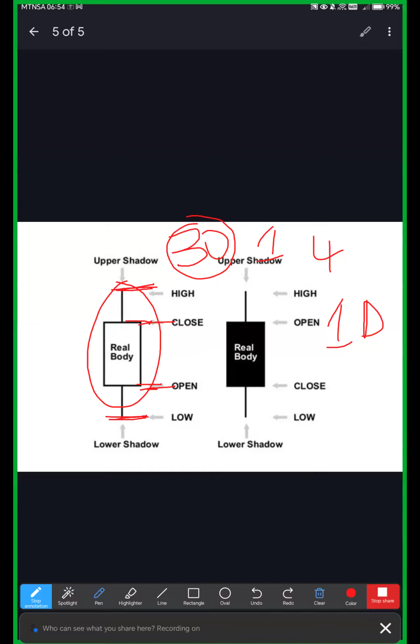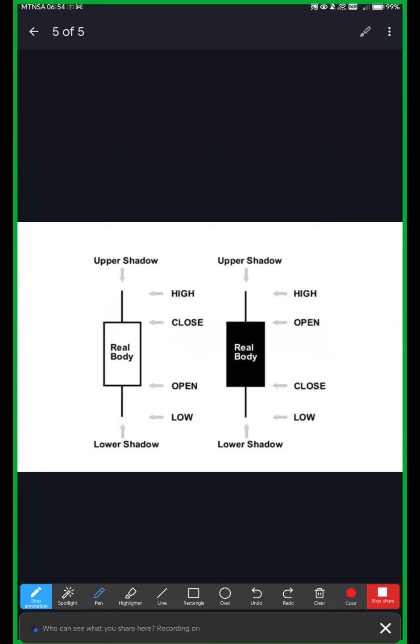So I'm simply saying that a candlestick has the open, it should have the closing of the price, and it should also show how high and how low the price went.